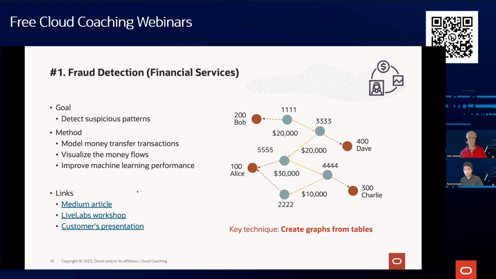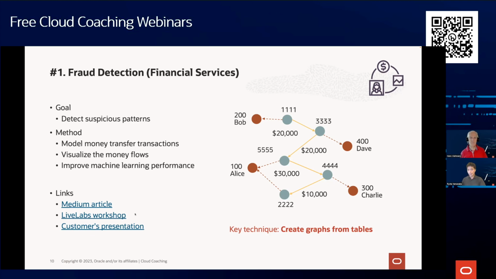For the details of the use case, please look at these links. One is my Medium article, and also you can try the use case using free environment libraries.